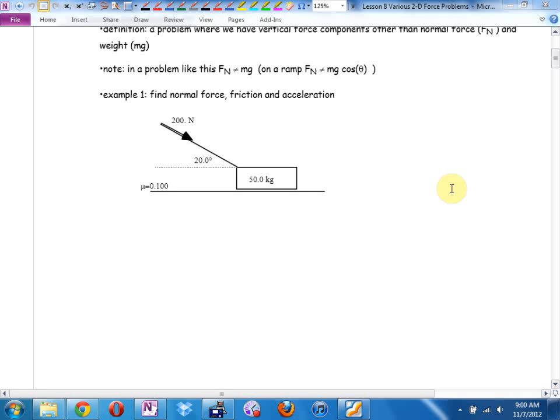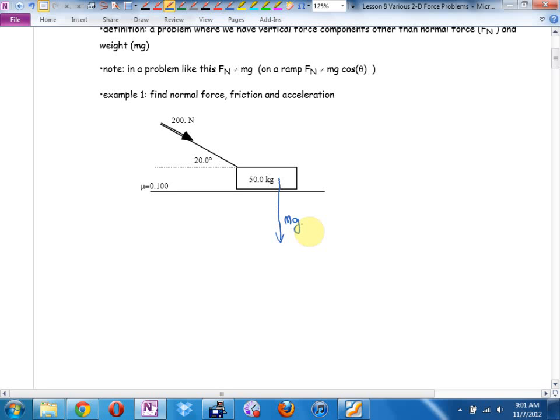Any thoughts on how I'm going to start off? I'm going to label. What are the forces acting on this 50-kilogram box? Hit the obvious ones. I'm going to put the gravity right next to the G because I'm going to need some room. What else?